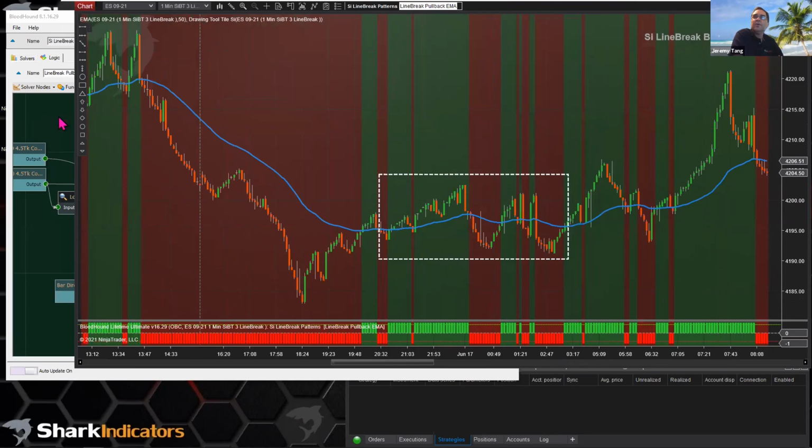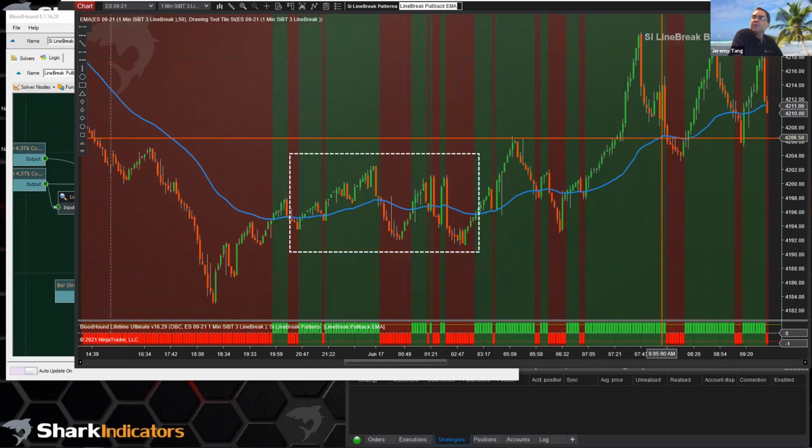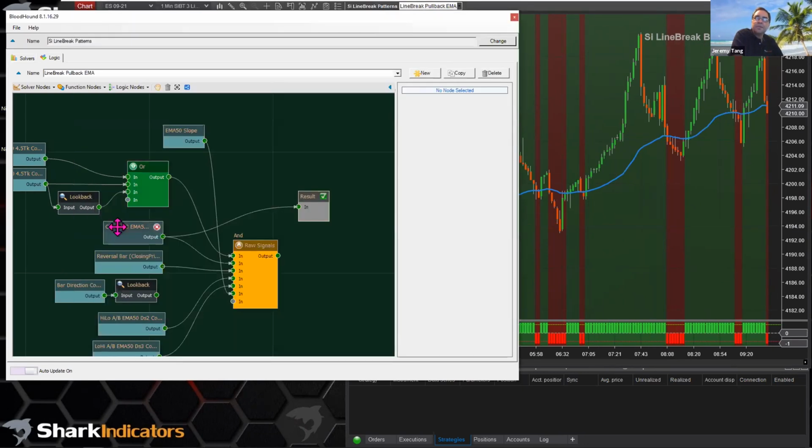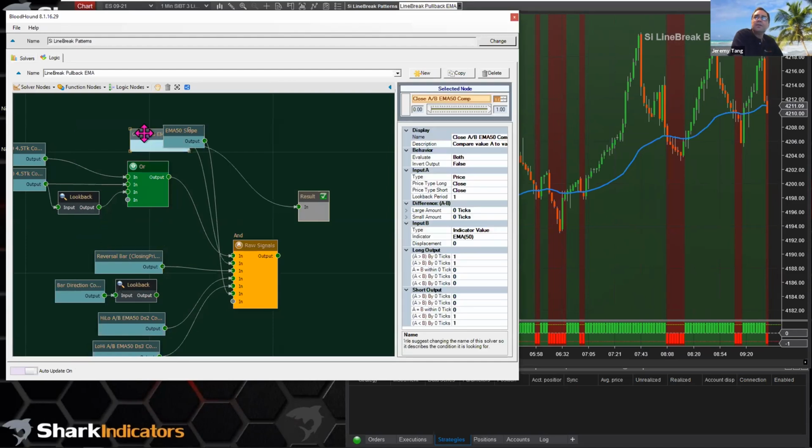So here we can see these bars are crossing below the EMA, then above it, and then below it, and so we're not getting a consistent long run of either a short output or a long output. Right? So what I can do is take this node and move it up there.